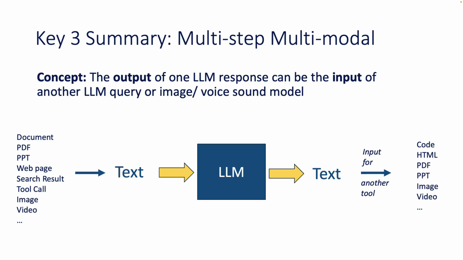So it can be code, it can be HTML, PDF, but also back to an image, or back to a video. So we have these multi-step, multimodal models all coming together. So that's the big idea for key number 3, is that these models can be strung together in multi-step, multimodal ways.